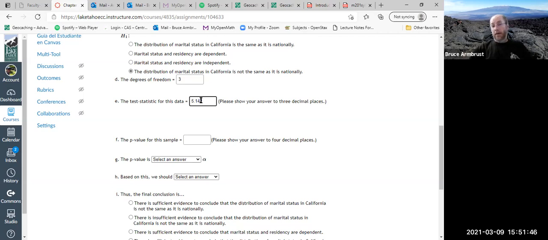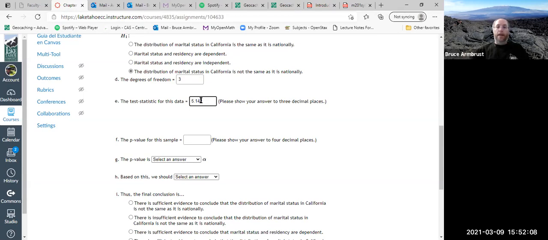Maybe you remember, I don't know if you remember, but the bigger chi-squared is, the smaller your p-value, and therefore the more likely we are to reject our null hypothesis.